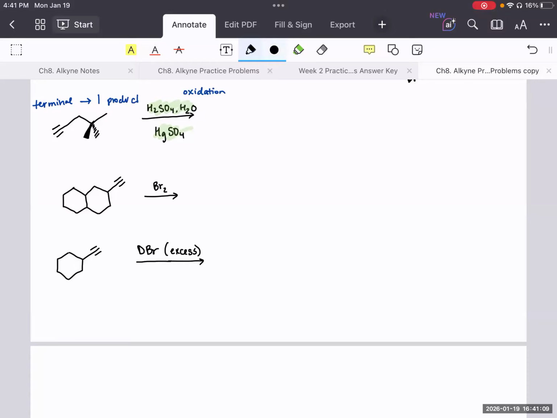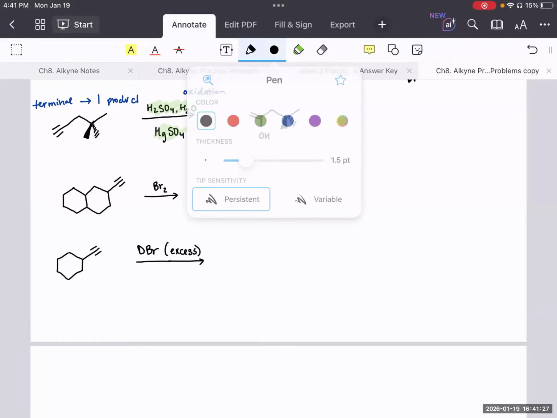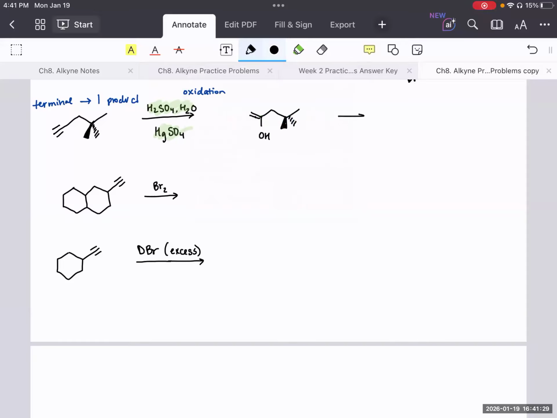To draw that final product, we would get something like this. For this one, I'll draw out the enol just so we can practice that here. We'll have an internal alcohol. It'll go on that middle carbon there. And then for the final product, it will be converted to the ketone.